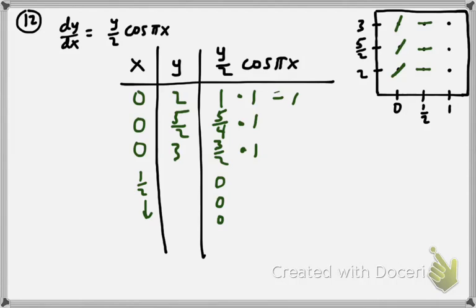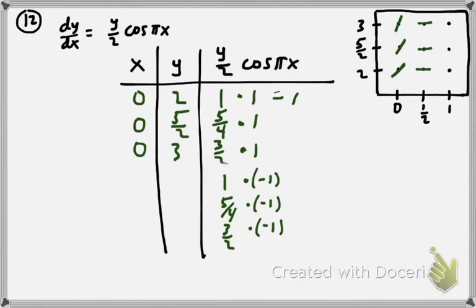Okay, and then let me erase some of this stuff here. When x is equal to 1, which is our last column of slopes that we need to fill in, we get the cosine of pi. So the cosine of pi is going to be -1. So whatever we get when we plug in the y values, again, we already have the y values at 2, 5 halves, and 3.